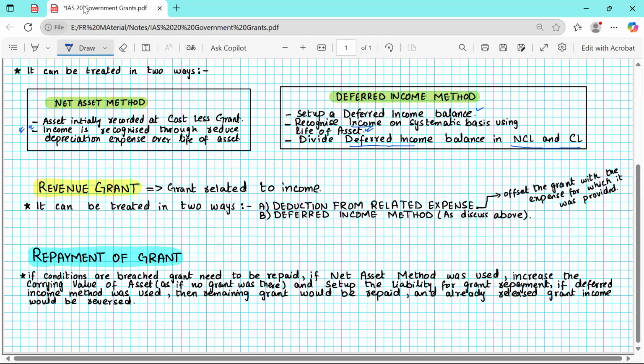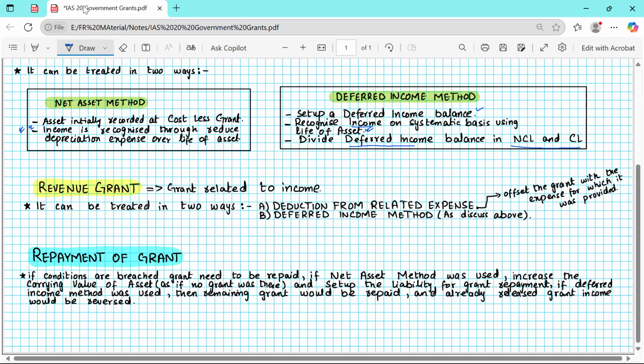So they have given you support in the training cost. Let's say your training cost was 20,000, and the government paid 5,000 of that. And against that, the government is saying train your employees for 3 years. That is their condition. So the government gave you the grant to help you with a specific expense. This is known as a revenue grant.